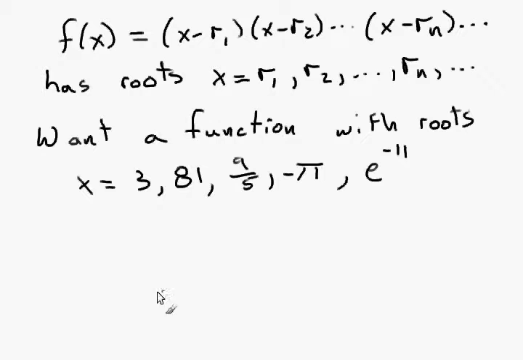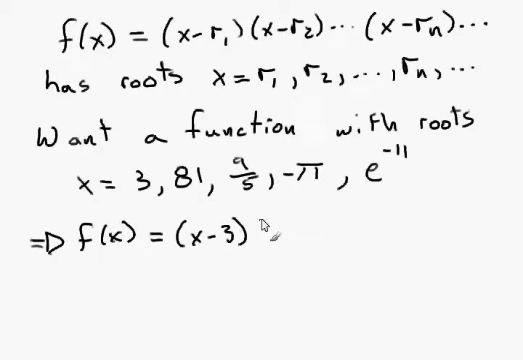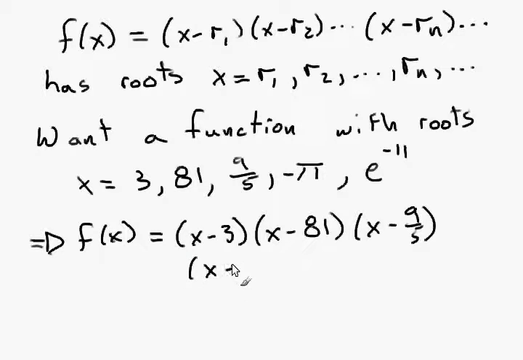Then that function would be f of x is equal to x minus 3, just x minus each one of these roots, all multiplied together. I ran out of space, but this is still being multiplied here. We've got our function. And again, it has to be in this factored form.